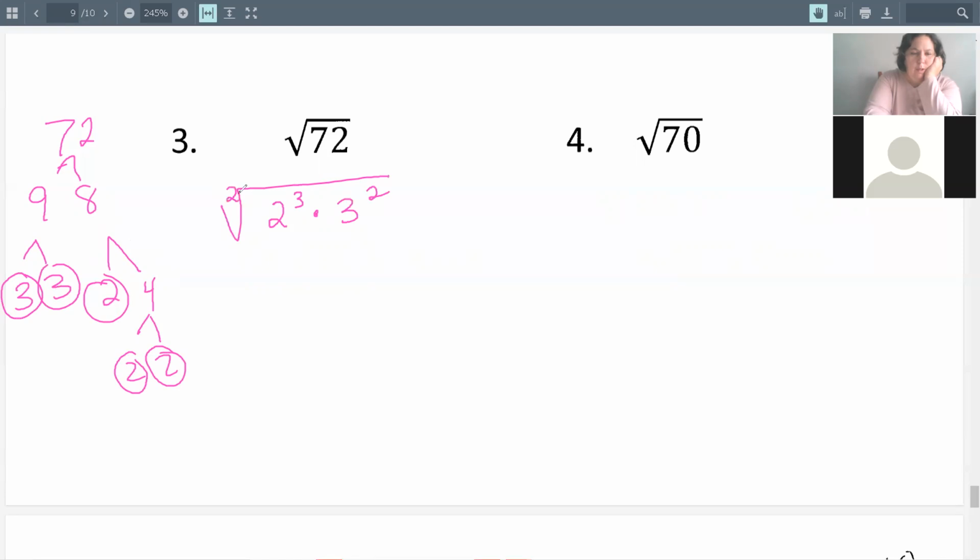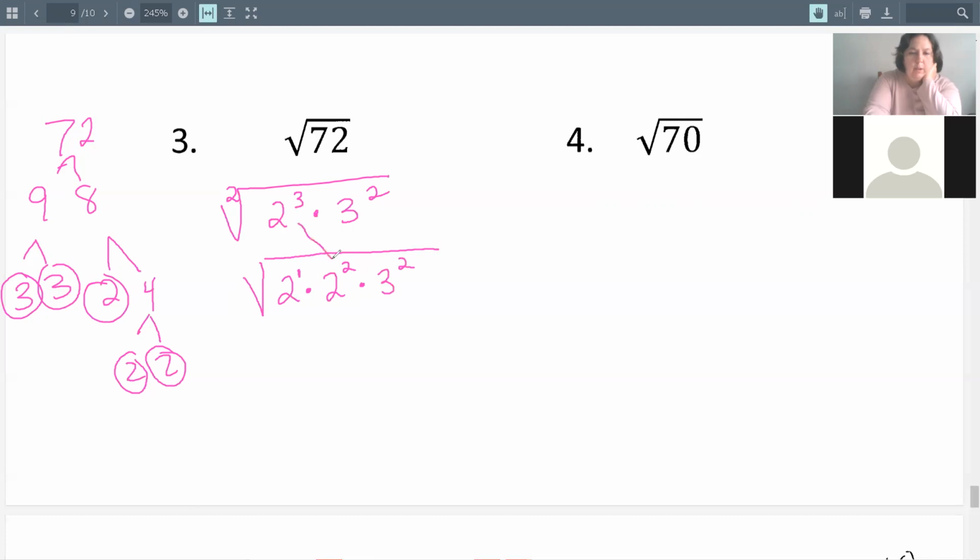Now, you know, when the index and the exponent match, the answer is the base of the radicand. But once you have an exponent that's bigger than 2, instead of writing 2 cubed, I want you to rewrite the prime factorization as 2 to the power of 1 times 2 to the power of 2 times 3 to the power of 2. 2 and 1 combine and make the 3.